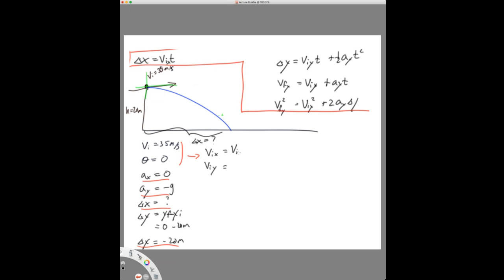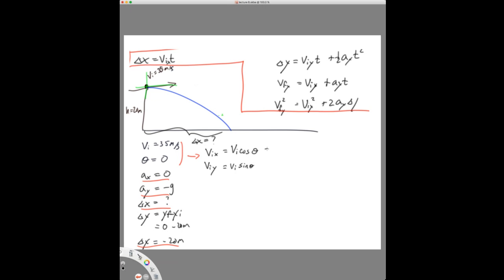Vix has to be Vi times the cosine of theta. Viy equals Vi times the sine of theta.